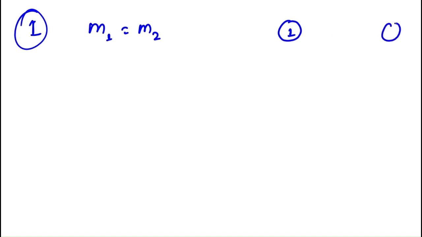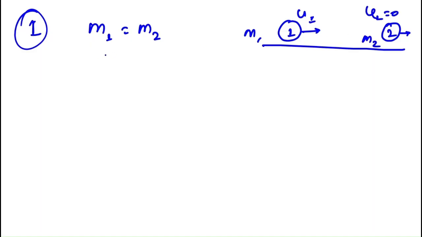Number one, if m1 is equal to m2, that means these two bodies have the same mass. What will be happening here? Let's say this is coming with u1 and striking this body, which is at rest.